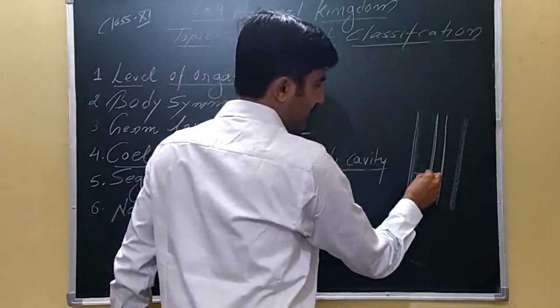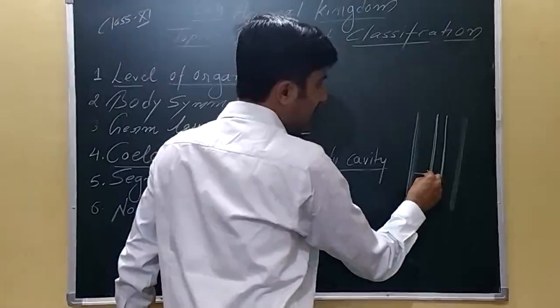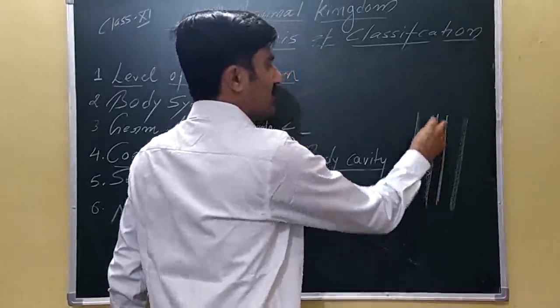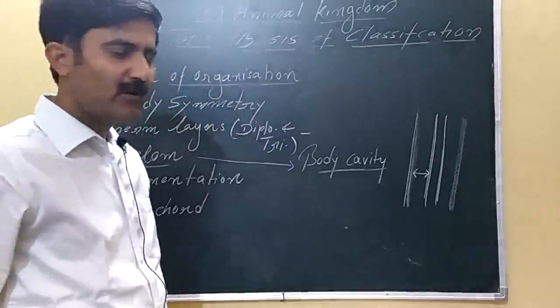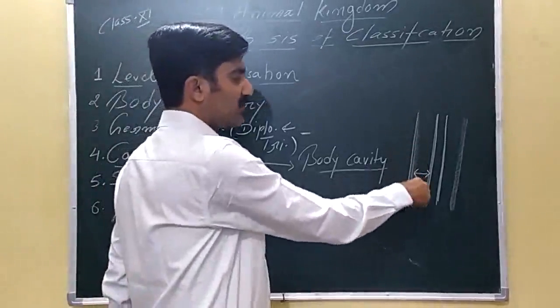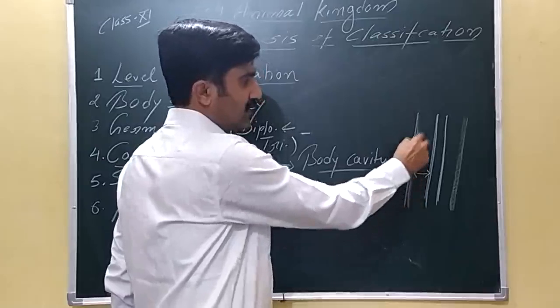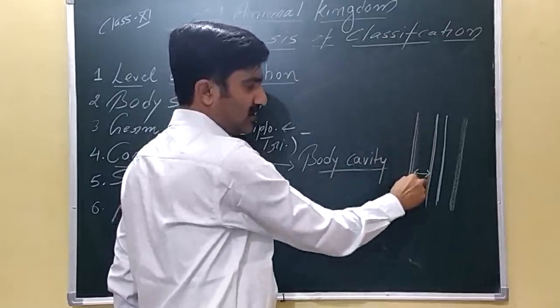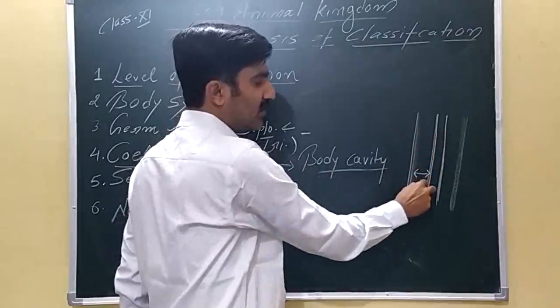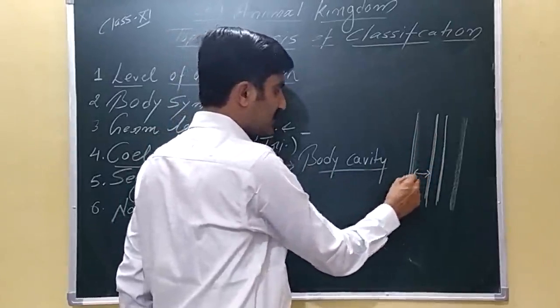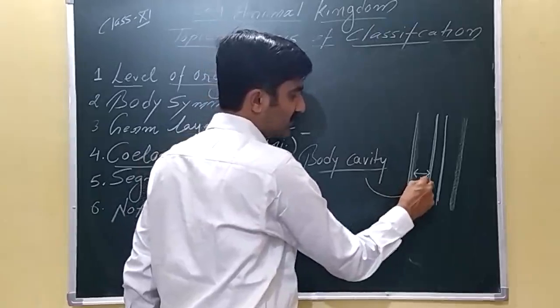So the gap which is present between the outer lining of the intestine or gut and the inner lining of the body wall is known as coelom or body cavity. Please remember, this is called coelom.